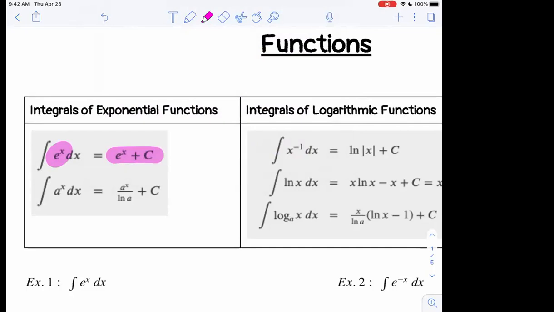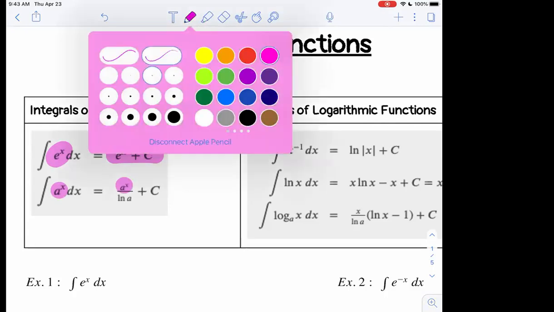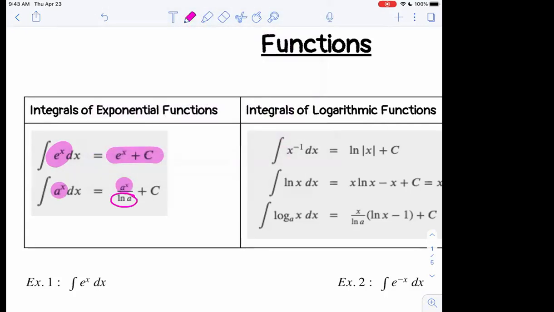That's not as common, but it's kind of nice to know that we could at least still follow the same rule. So the rule for when the base is not e is you just have the same thing. So you have a to the x, it's going to be a to the x, but you're going to need this additional part where you divide by natural log a to compensate for the fact that it's not a base e. All right, so those are the two rules that we're going to use for the exponential function integrals, okay?